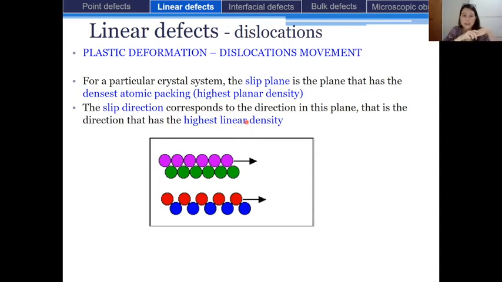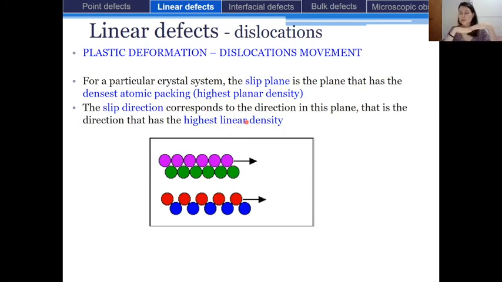Whereas the slip direction corresponds to the direction in this plane that has the highest linear density. So basically, if I know the unit cell of my crystal, I identify the plane with the highest planar density, and so I identify the slip plane.